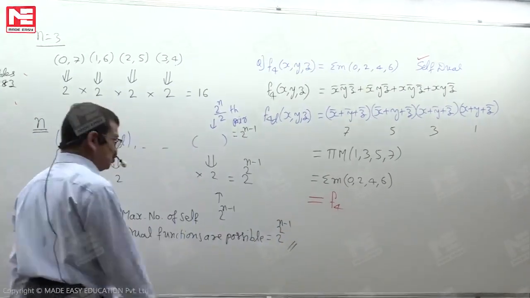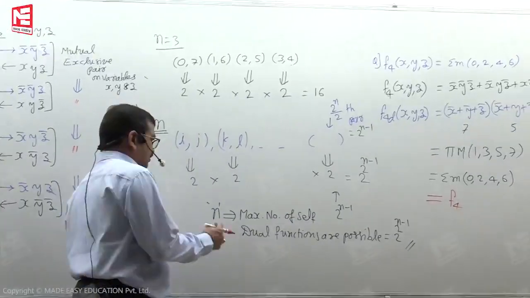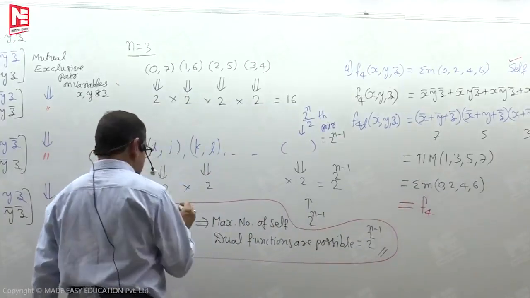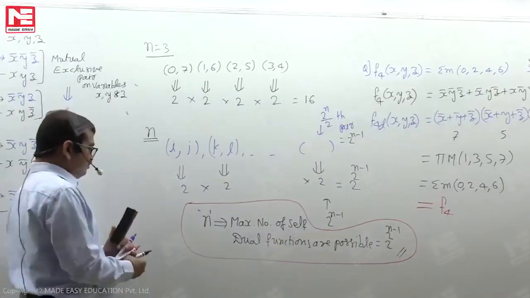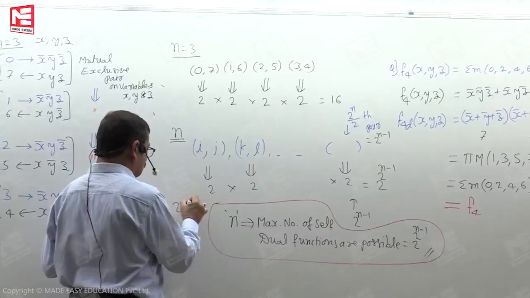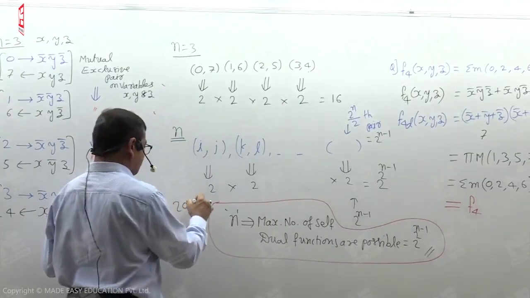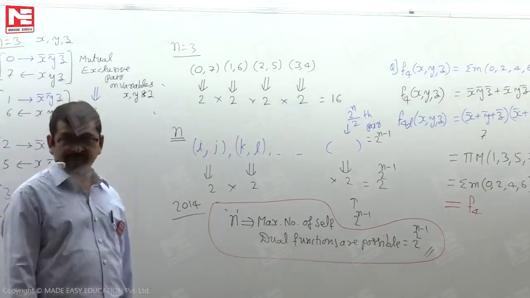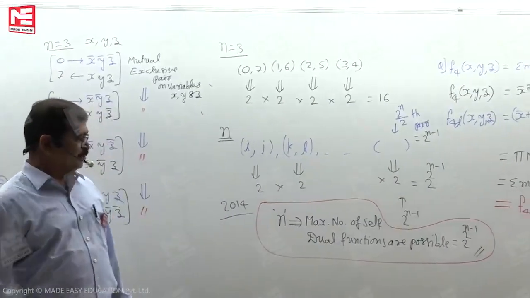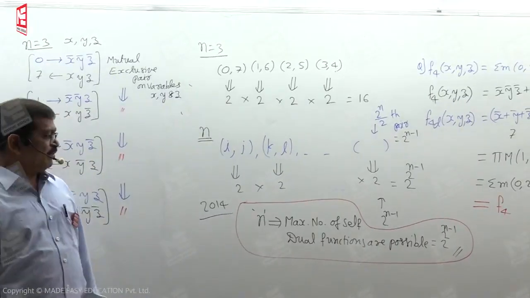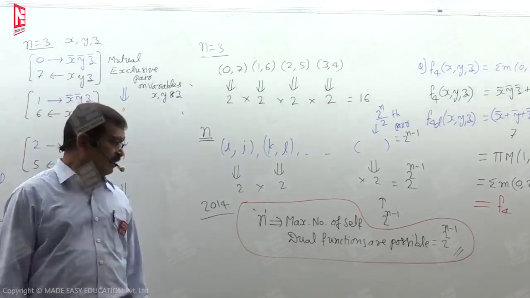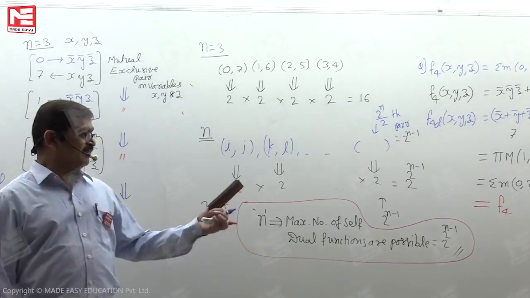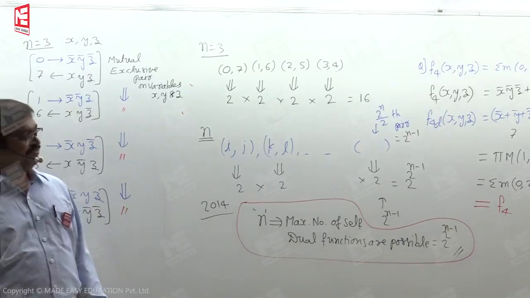It is the answer to this question. Most of the time it is a direct question in the GATE paper. It was a question many times, recently in 2014 I think. Many times it is a question in the GATE exam, in CS paper, EC paper, EE papers, many papers. A standard question it is. So by using n Boolean variables, what is the maximum number of self-real functions possible? The answer is 2 to the power of 2 to the power of n minus 1.